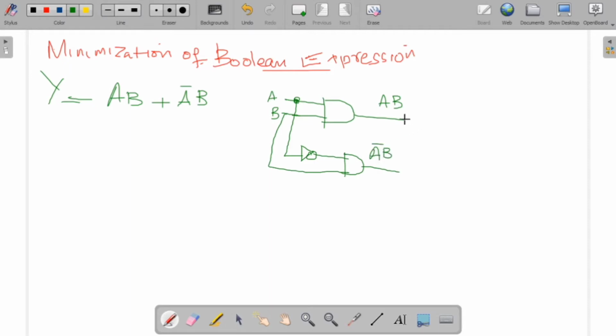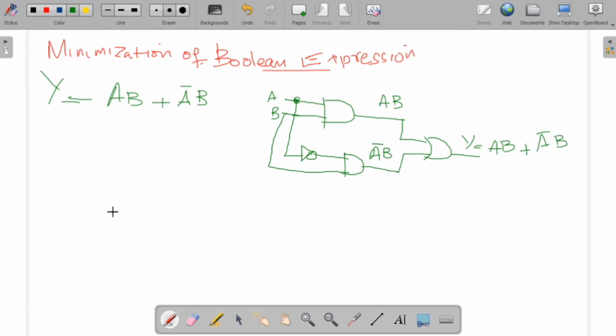Now what you have to do is connect these two to an OR gate, so that you will be getting the output y is equal to ab plus a bar b.